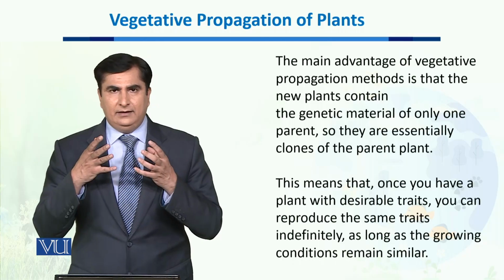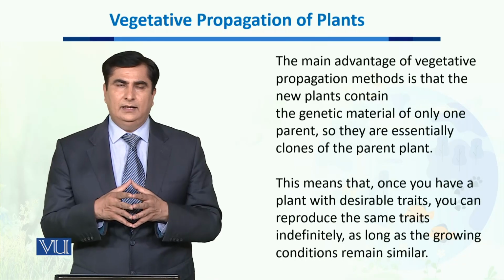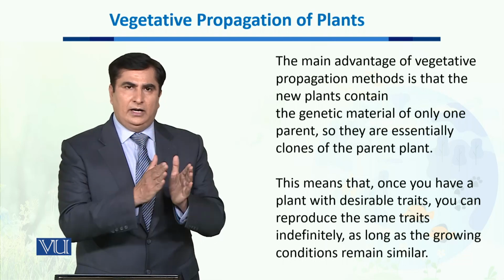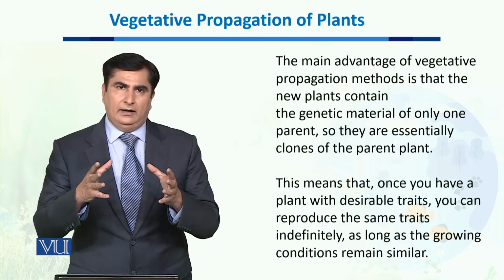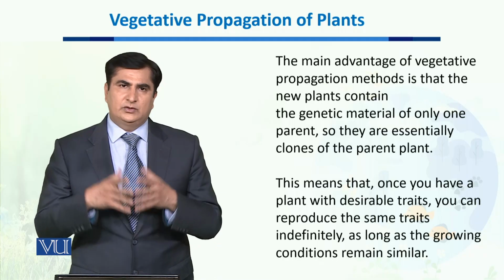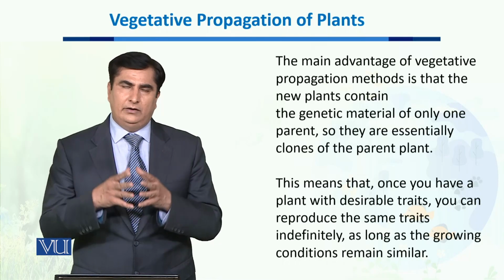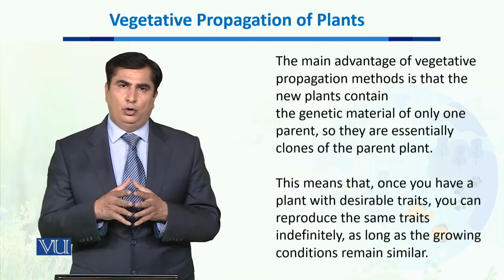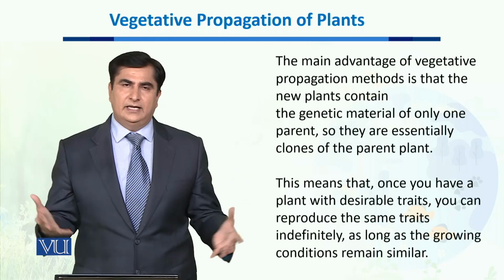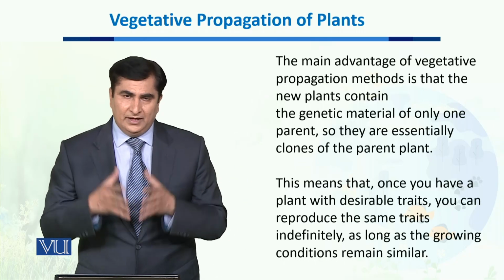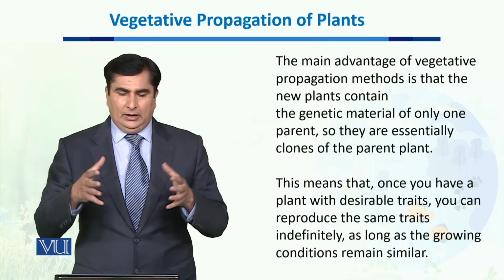So they are very beneficial or vital, especially for certain endangered plant species which are almost extinct, or where very few individuals of those plant species remain. They can be cloned and increased in number so that their endangered status can be overcome using vegetative propagation.